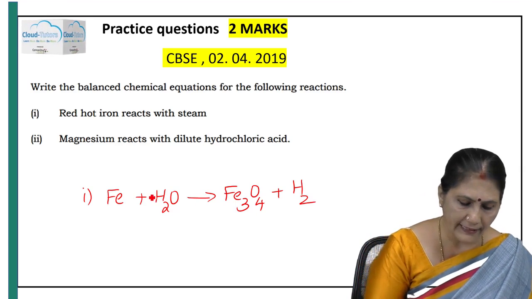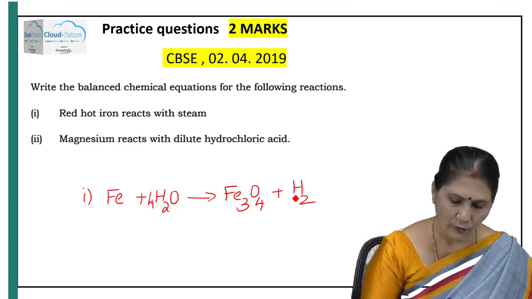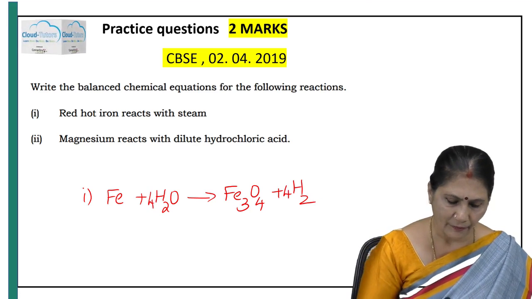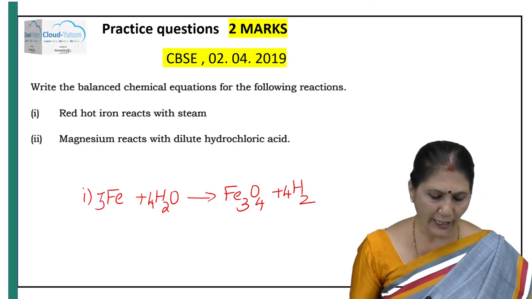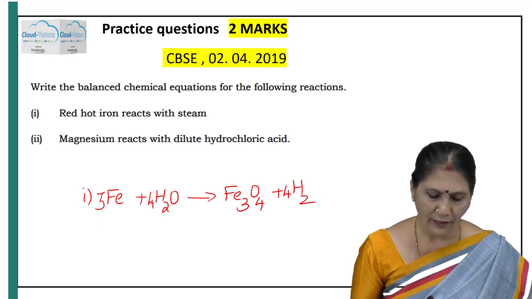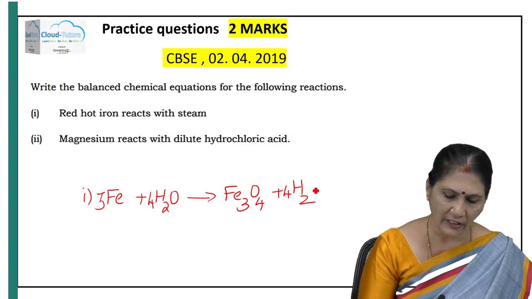Did we balance it a few minutes back? 3Fe plus 4H2O gives Fe3O4 plus 4H2 is known as the balanced equation of the first subdivision, which will fetch you 1 mark.